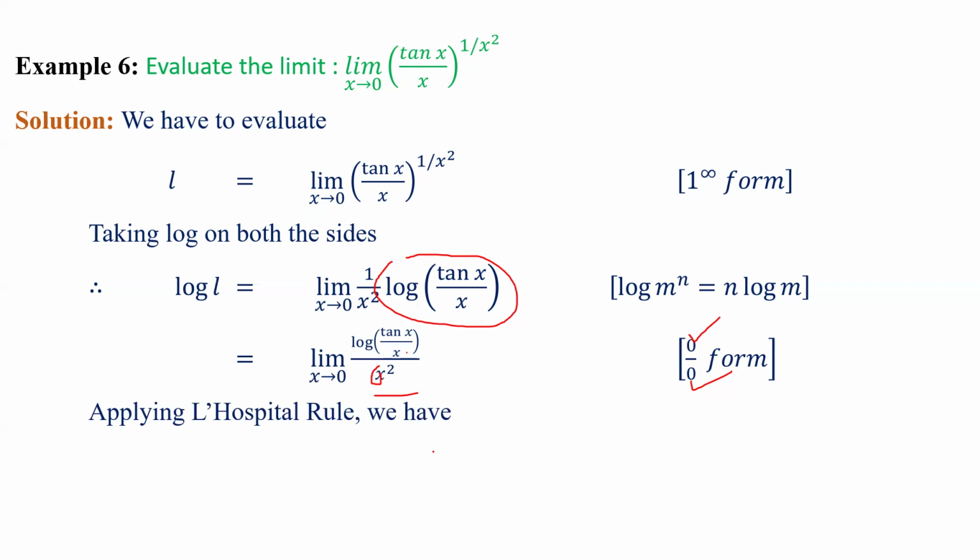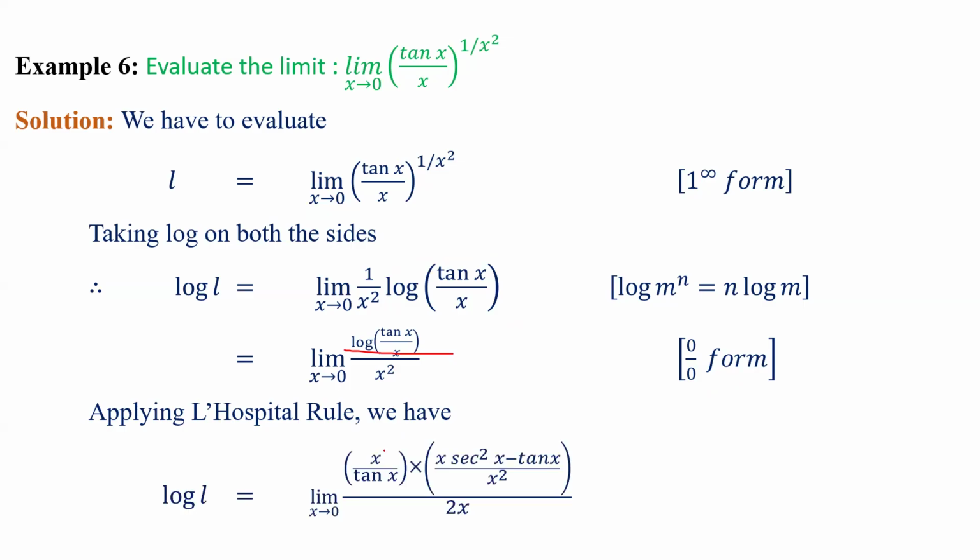Now, the derivative of log x is 1/x. We can write 1/x means 1 upon (tan x / x), which can be written as x / tan x. Again, to find the derivative of tan x / x, we have to use the u by v rule. What is that?